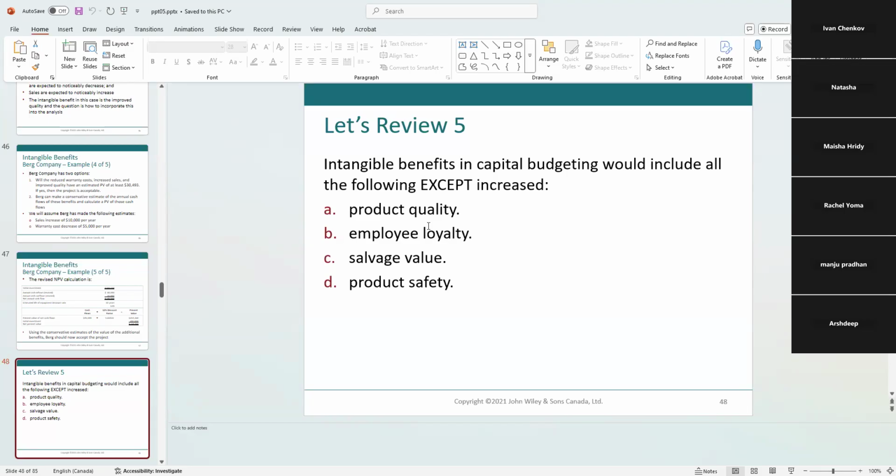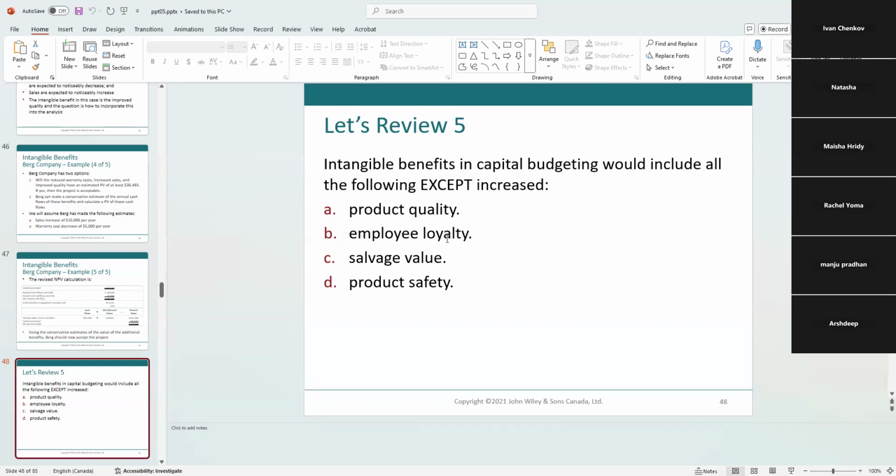Which one of those is not an intangible benefit? Product quality. Can you see it? Yes, you can. But is it a tangible or intangible benefit? It's more like an intangible benefit. It's a quality, right?